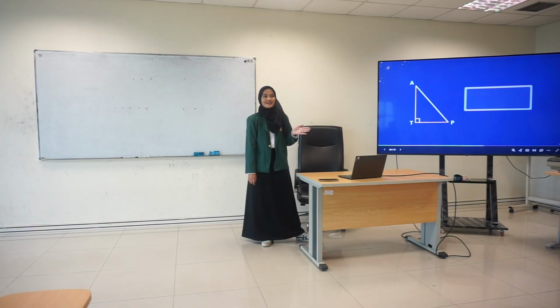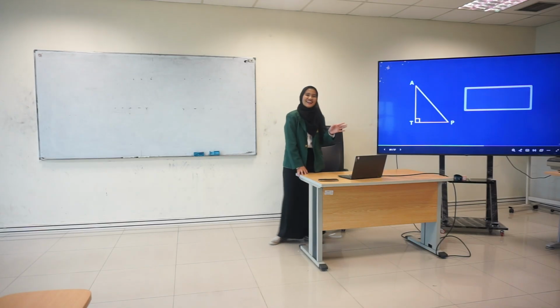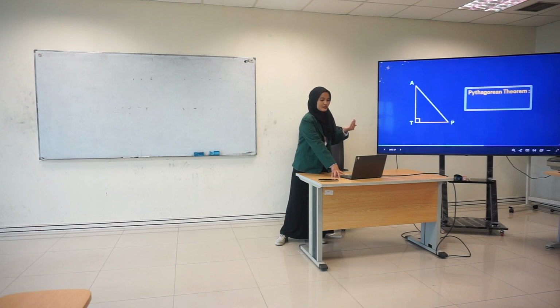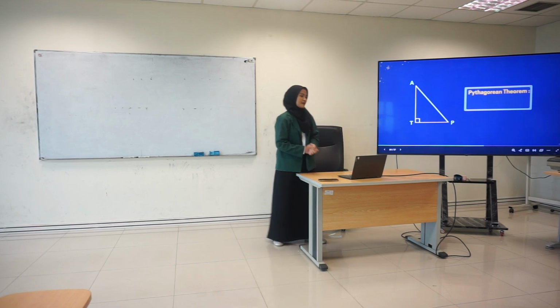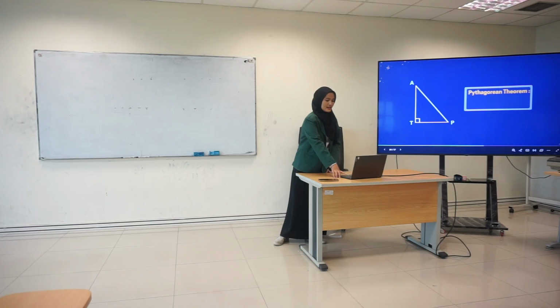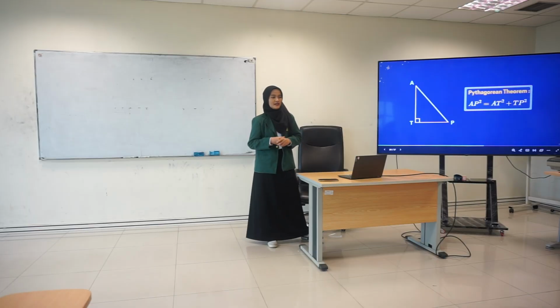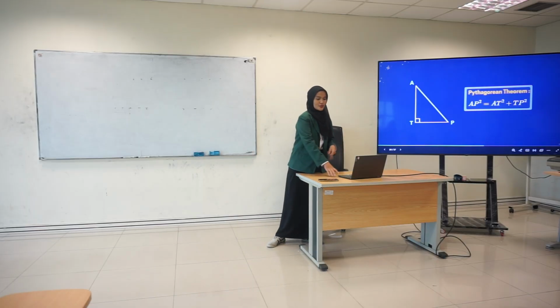From this triangle, we can use the Pythagorean theorem. If we want to find the length of AP, we can use AP squared equals AT squared plus TP squared.